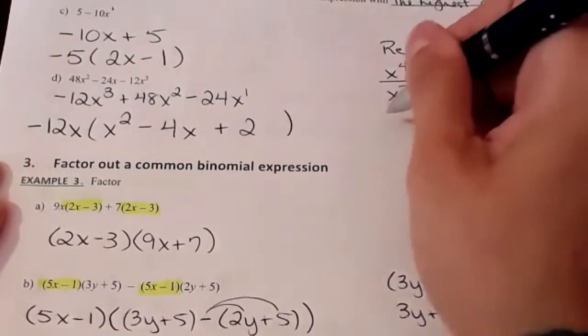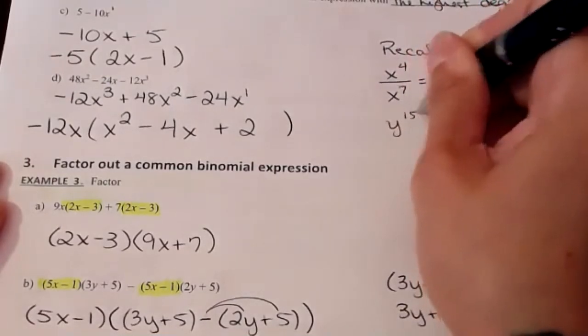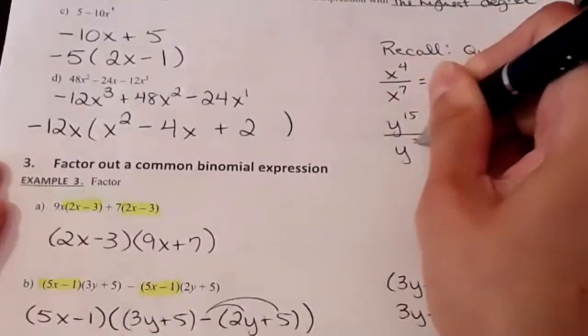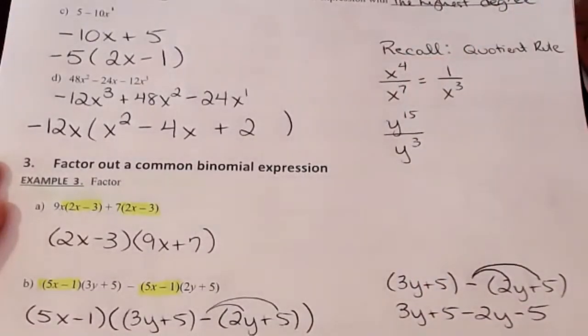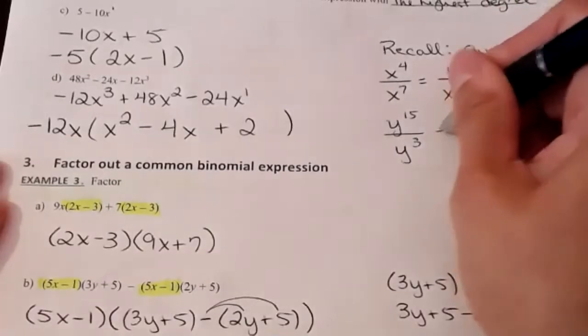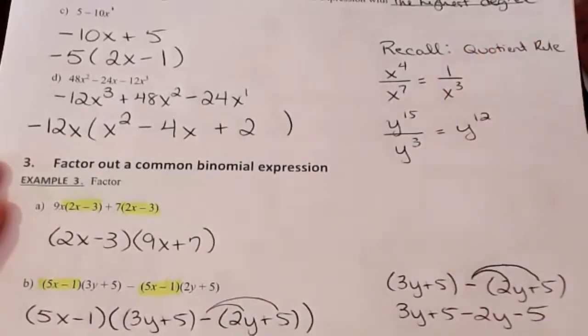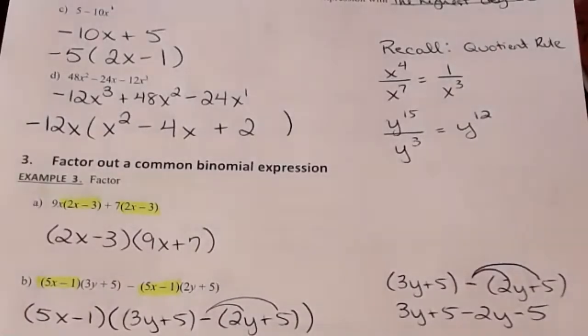Another example, if you had y to the 15th over y to the 3rd, again, you're going to subtract the powers and leave it where it's heaviest. 15 minus 3 is 12, so that leaves you with y to the 12th. But notice that's in the numerator. All right. This is a little side note, something from 098 to make sure that you're understanding how to simplify bases.